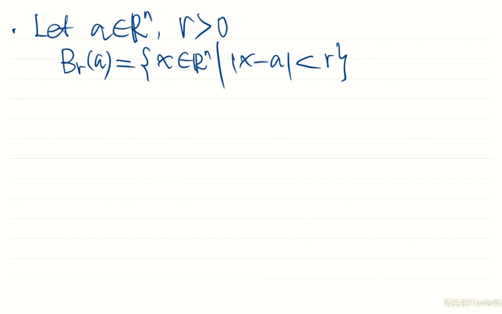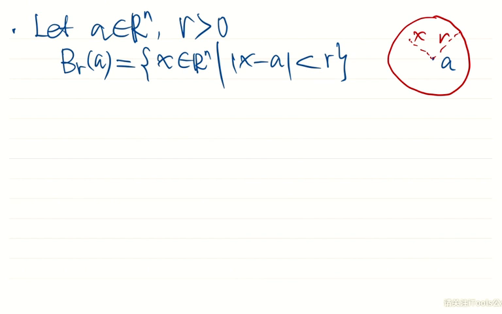Geometrically, here is our A, and this consists of all x whose distance from x to A is less than R. This is a ball centered at A with radius R.